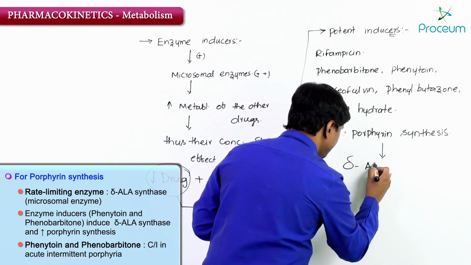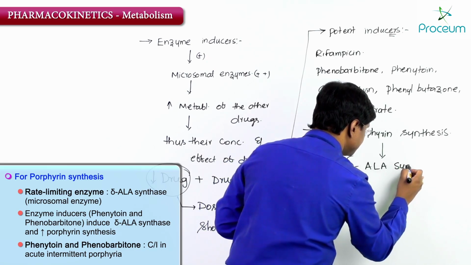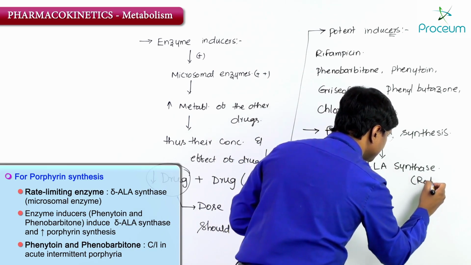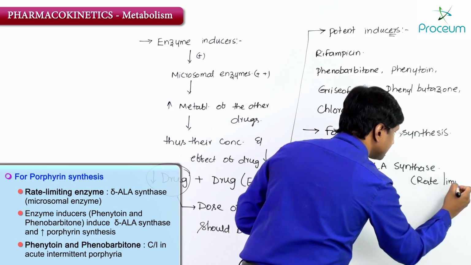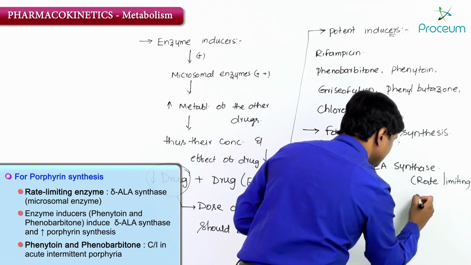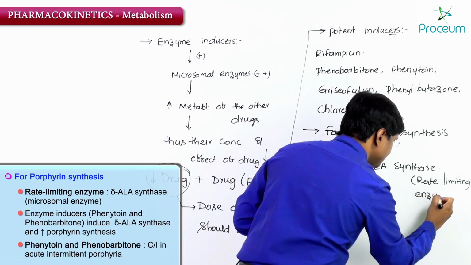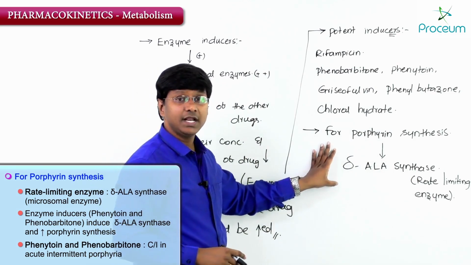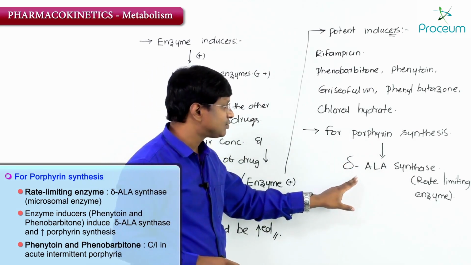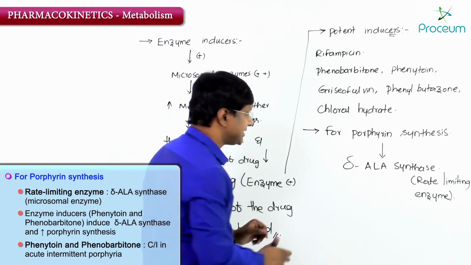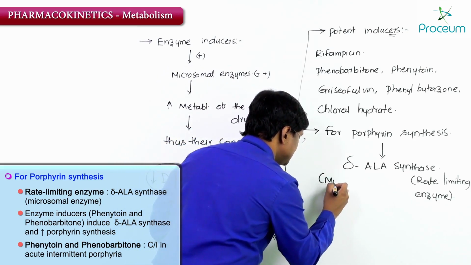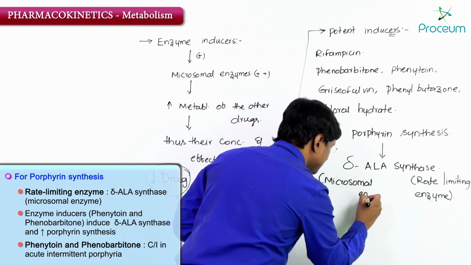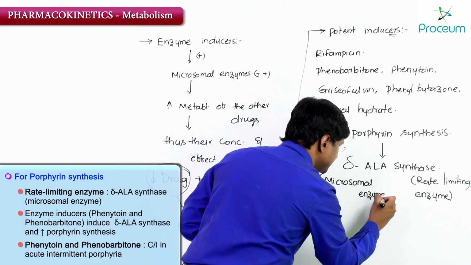So delta ALA synthase is the rate limiting enzyme. Now, enzyme inducers: this delta amino levulinic acid synthase is one of the microsomal enzymes.